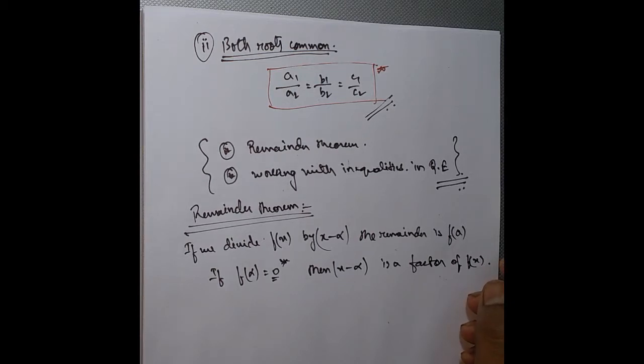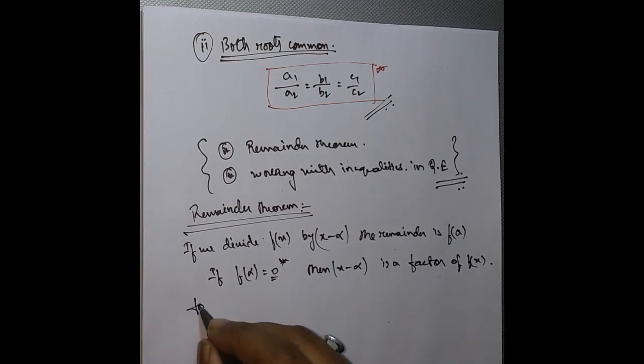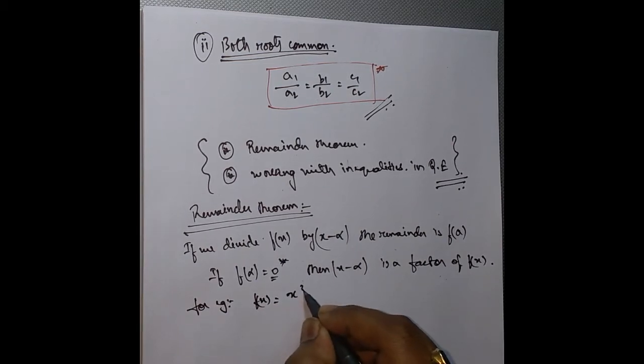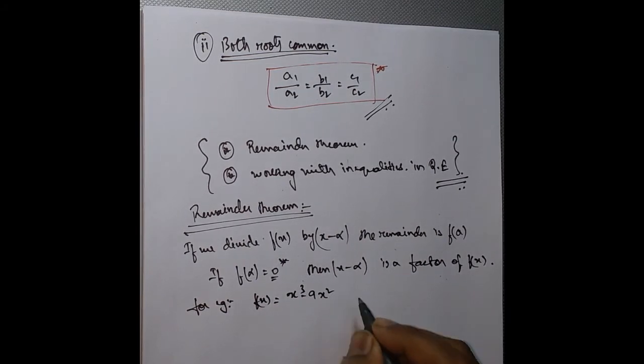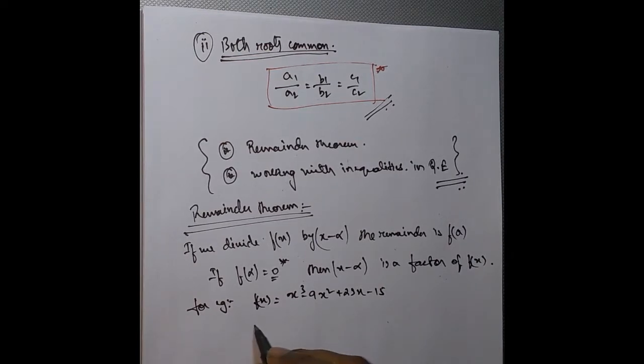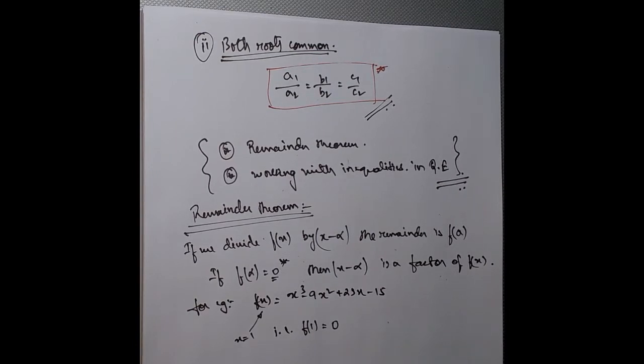Let me take a short example. Consider f(x) to be x cube minus 9x square plus 23x minus 15. Now we see here that if we put x equal to 1, f of 1 turns out to be 0. How? 1 cube is 1, minus 9, plus 23, minus 15, the result turns out to be 0.